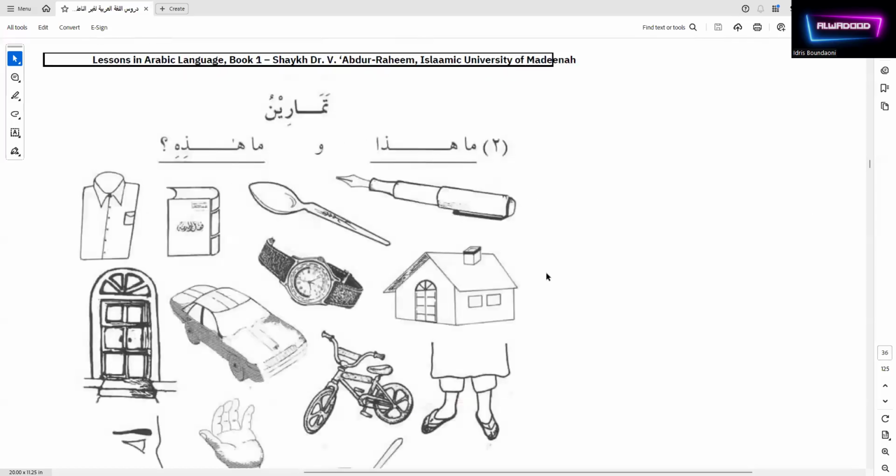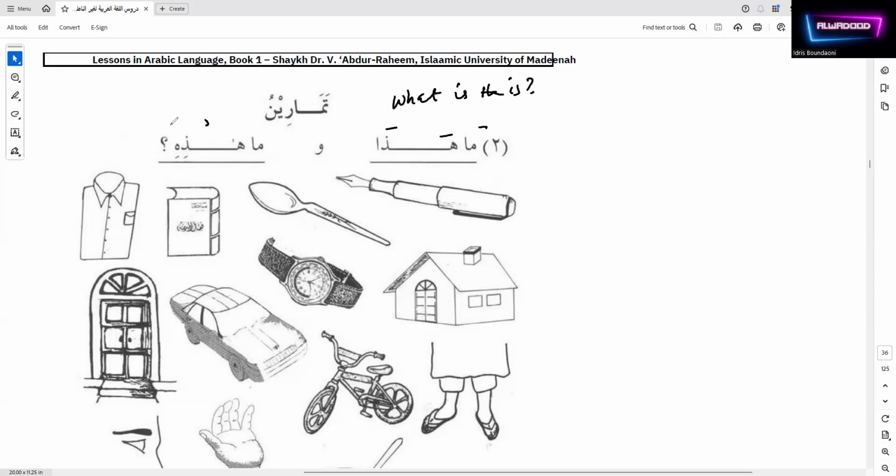So let's look at another tamreen. Here we have objects grouped into feminine and masculine. ما هذا. What is this? So we are answering the question. ما هذا.